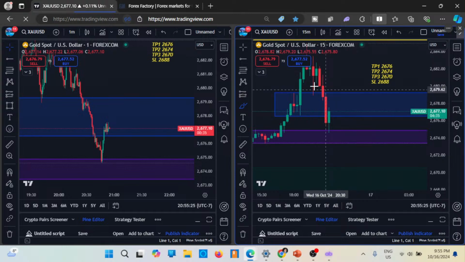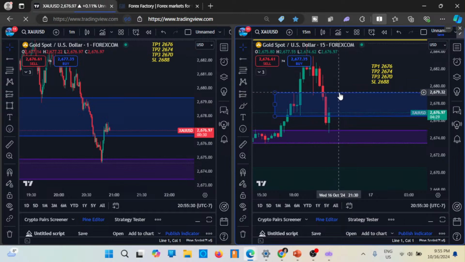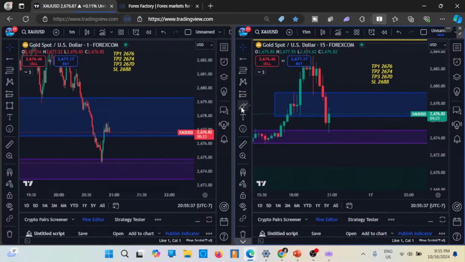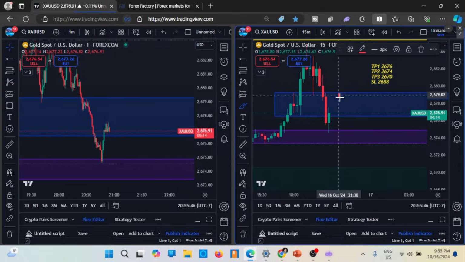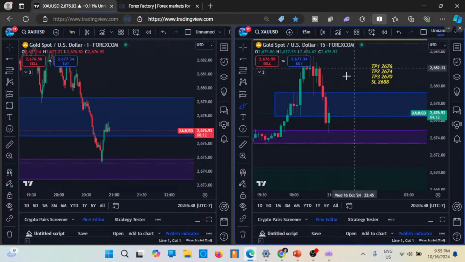Until the price gets there, I will not know whether it's going to get rejected. I need to wait for the price to get there and see whether it gets rejected or not. A sign that it got rejected is I see a bearish candlestick at that resistance. That's the only time that I will know it got rejected. Now I want to enter the sell.